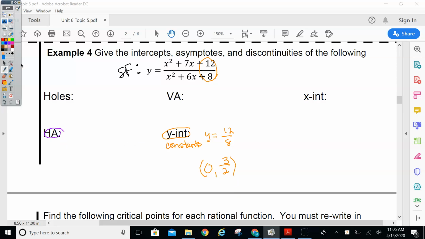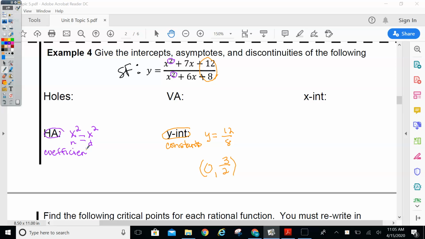Right? And then for the horizontal asymptote, the first thing you have to look at, before you look at the coefficients, is the degrees. So the degree of the numerator is 2, and the degree of the denominator is 2. So they're both squared. So this is N and this is D. Since the numerator degree equals the denominator degree, then we can look at the coefficients.